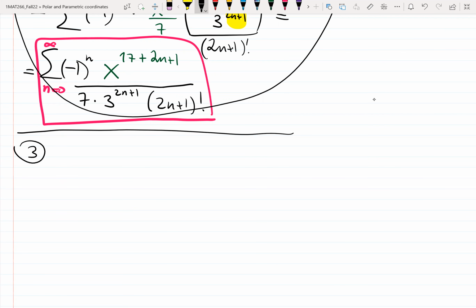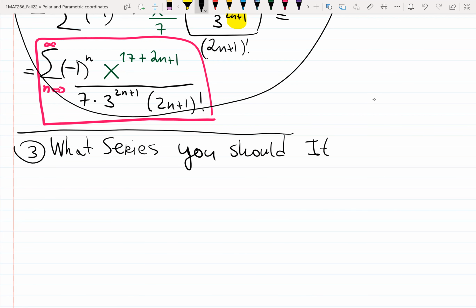The question in the quiz was number 3. It asked you what series you should integrate or differentiate to get, and then I gave you arctangent.